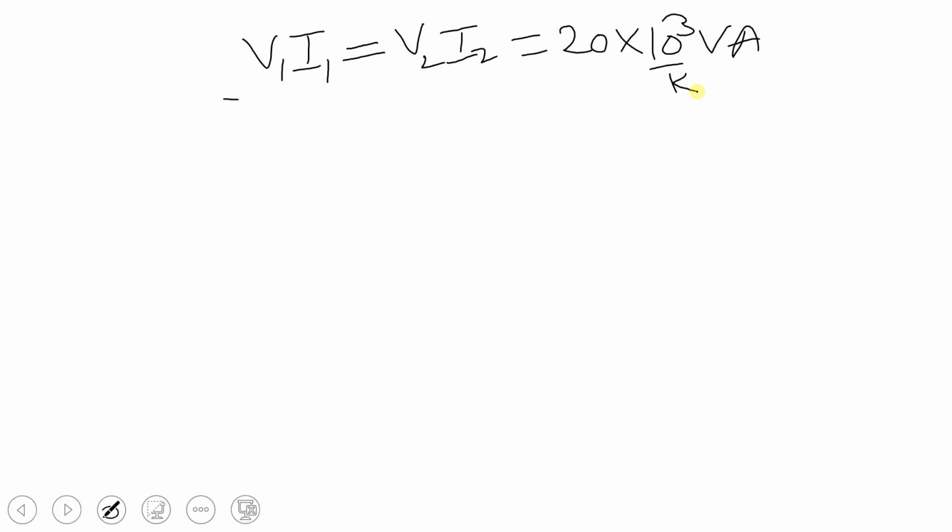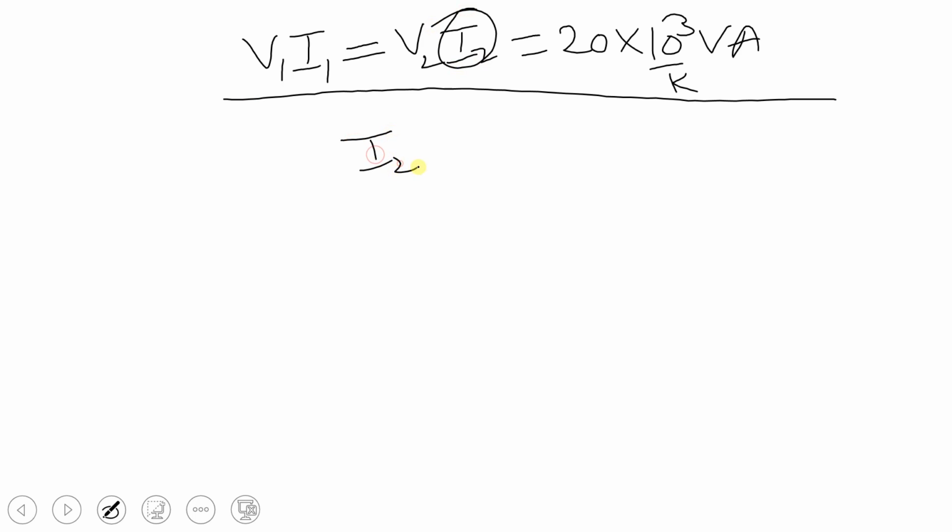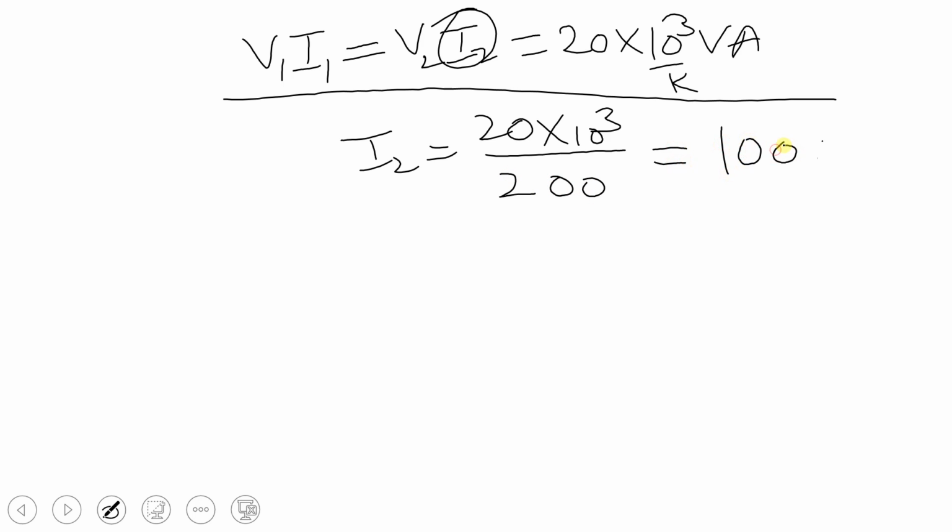From this formula we find the value of I2. I2 is equal to 20 into 10 raised to power 3 upon V2, and we know V2 is 200. From here we find the I2 current is 100 ampere. Similarly, we can find the I1 current because losses are 0.